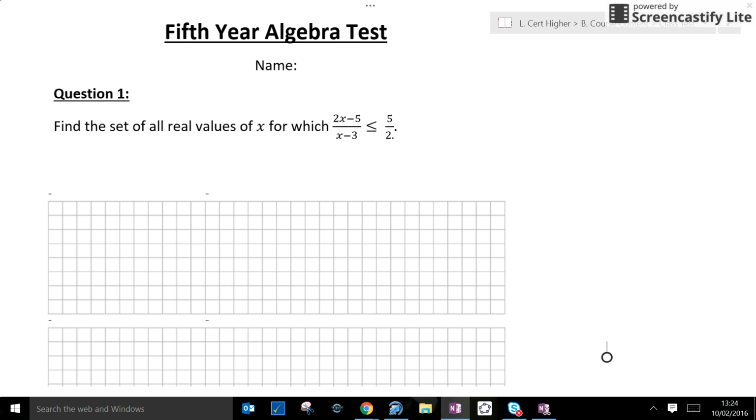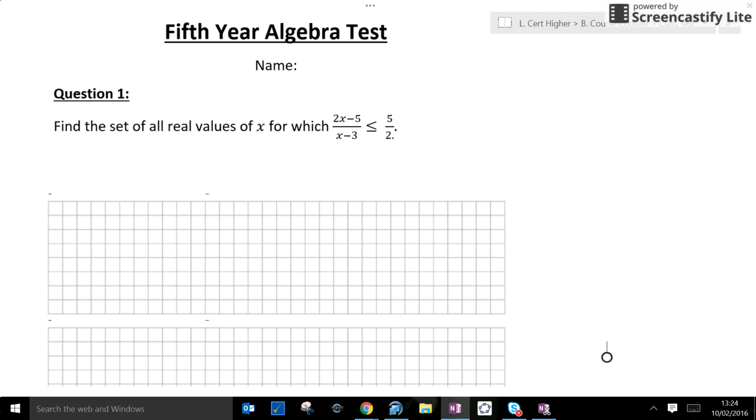We need to manipulate this inequality, and what I want to do first is remove the fractions. So we look at the denominators, which are x minus 3 and 2, and we're going to multiply across by 2 by (x minus 3) squared. The reason we multiply by (x minus 3) squared is to ensure that we have a positive number.